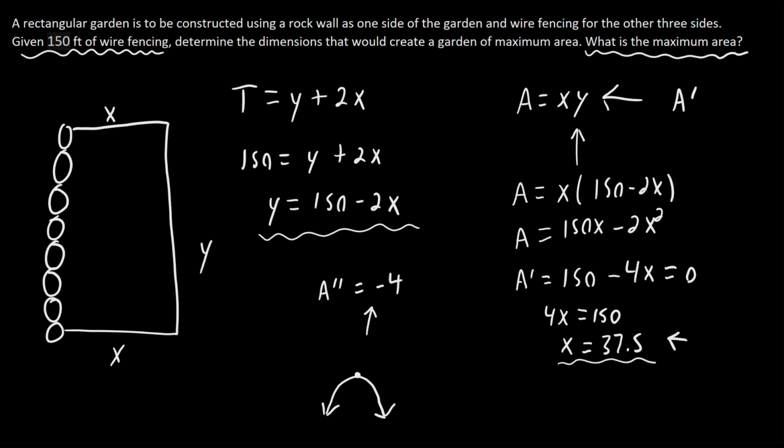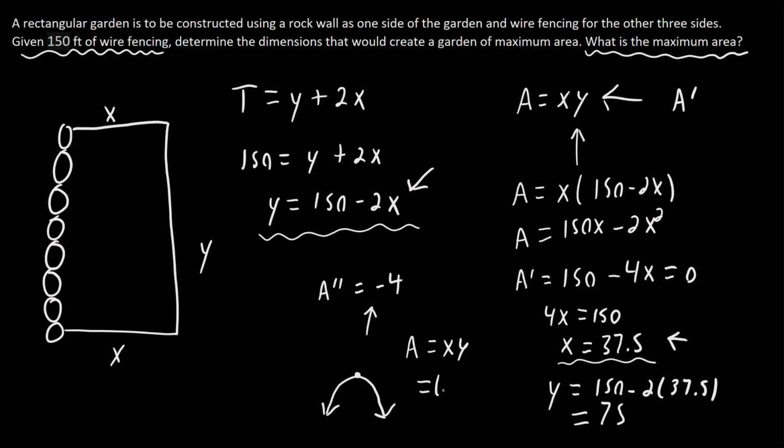So now that we have x, we're going to use our original equation to find y. So y equals 150 minus 2 times 37.5. And we're going to get 75. So area equals x times y.